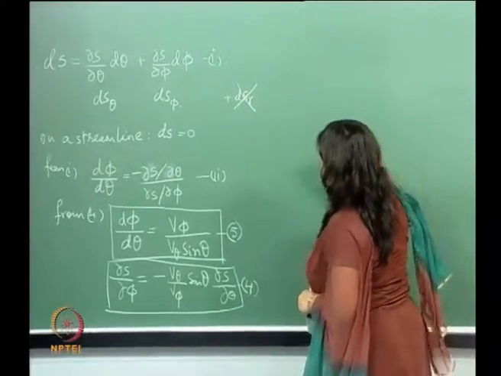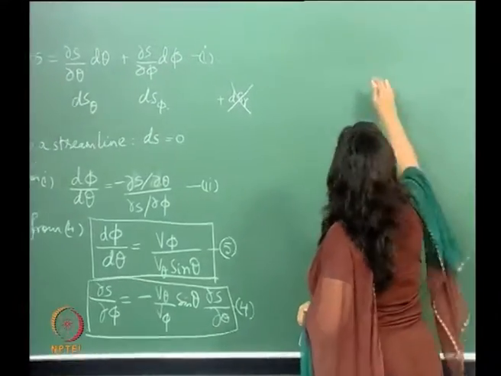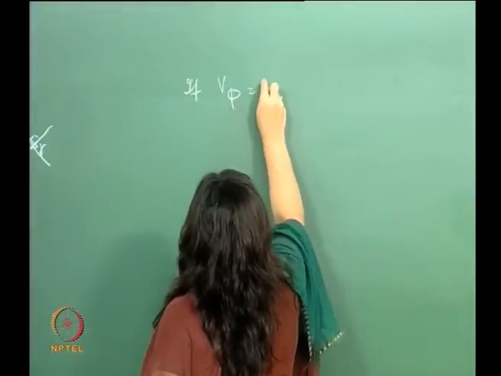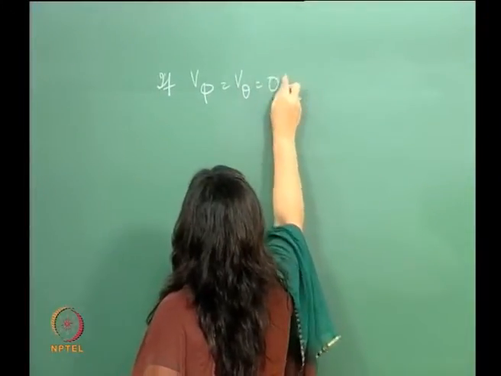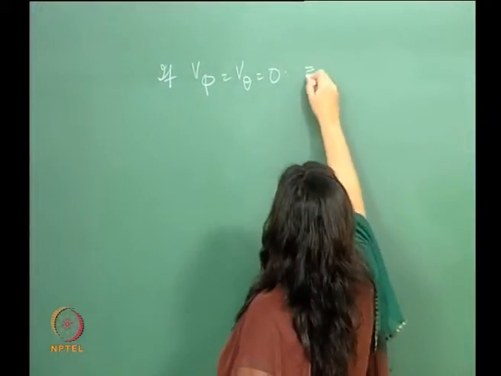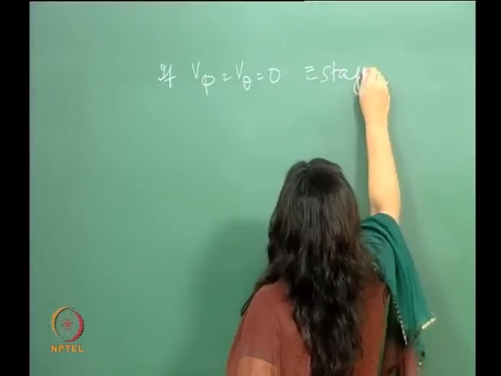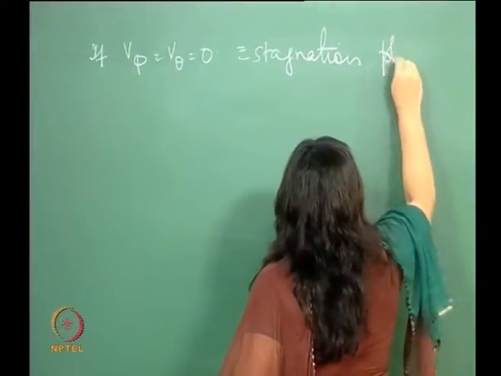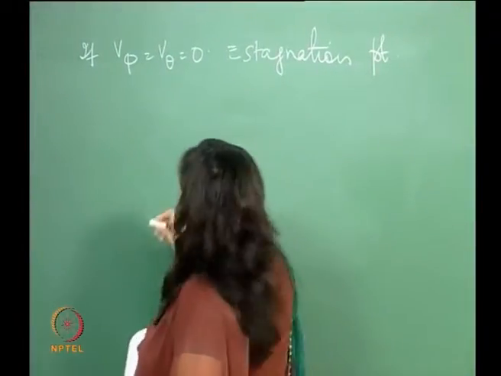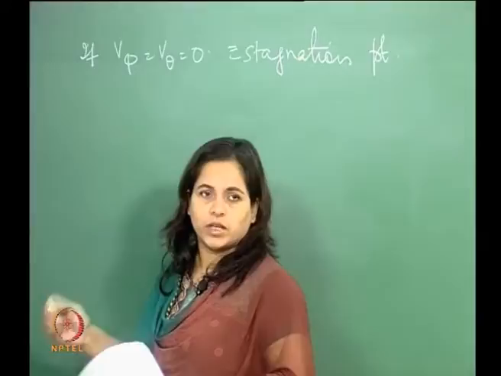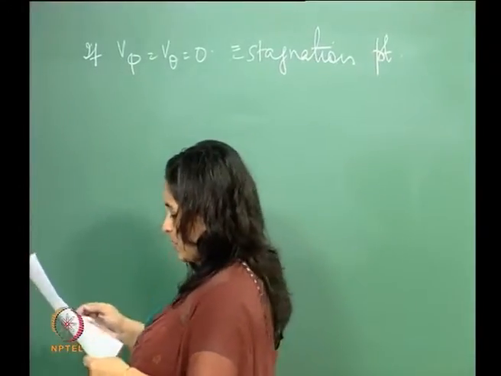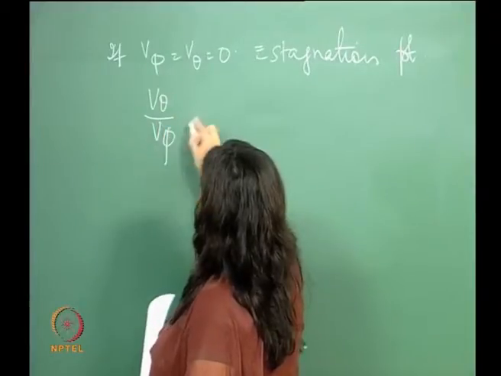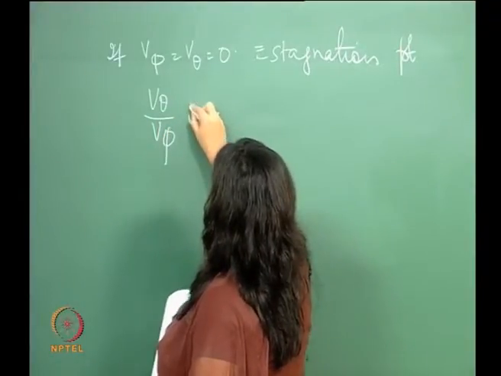So, the exception is that if we have a stagnation point, and this becomes indeterminate. So basically v theta by v phi, or whatever, is indeterminate.